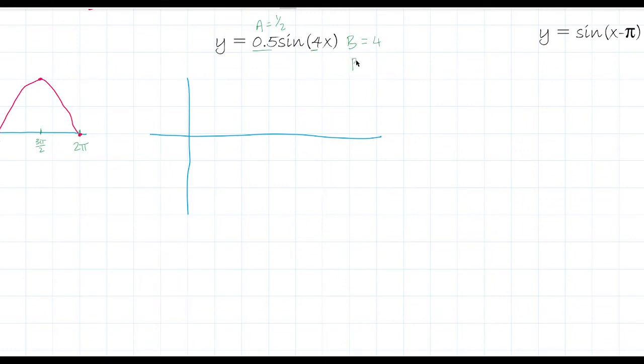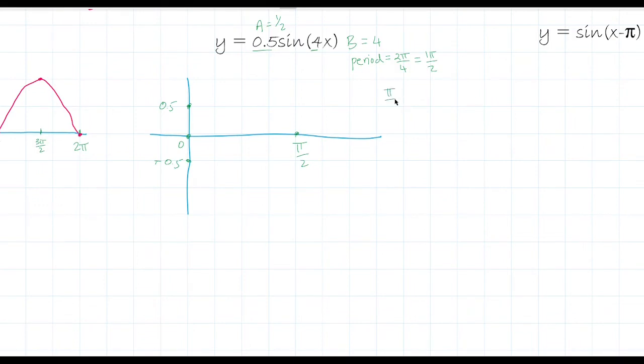So our period is going to be 2 pi divided by 4, which is half pi. So let's mark that in. We're going to do 0. Let's say this here is 0.5 and this here is negative 0.5, and then our period is up till pi on 2.